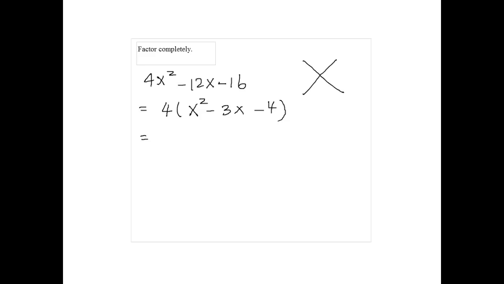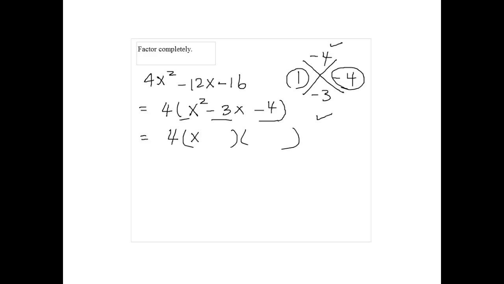By using the X chart, we have negative 3 on the bottom and 1 times negative 4, which is negative 4. So 1 times negative 4 will give us negative 4, and 1 plus negative 4 will give us negative 3. So we can factor this as x plus 1 times x minus 4 times 4.